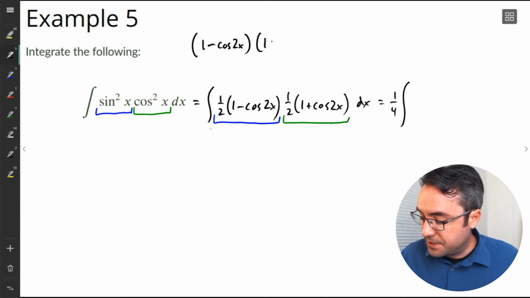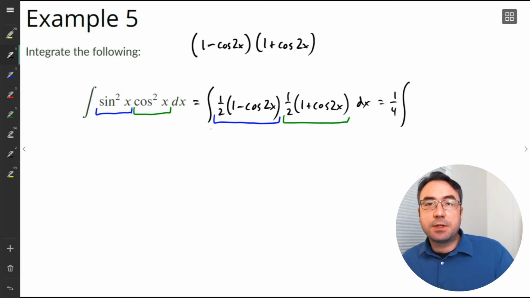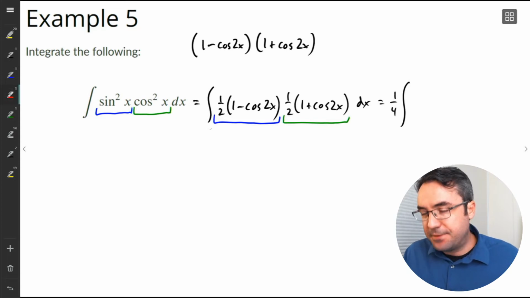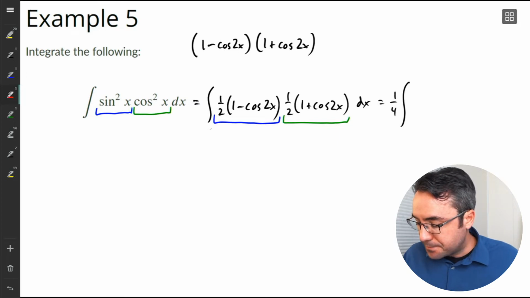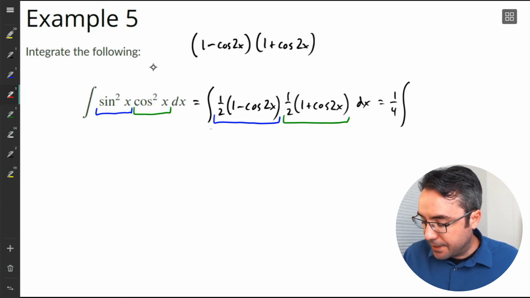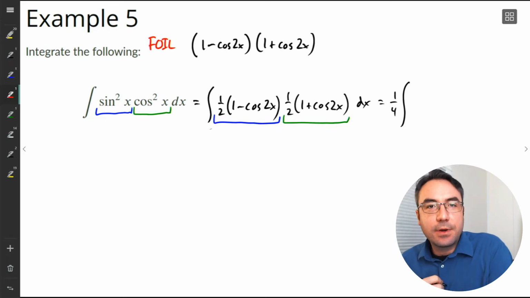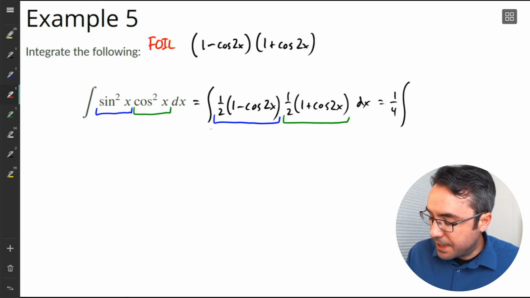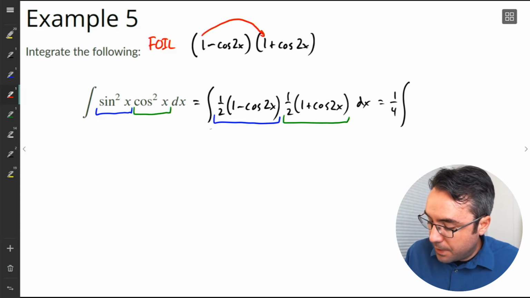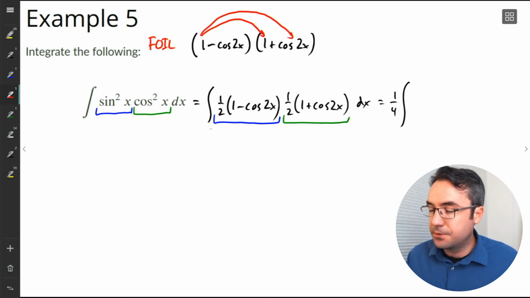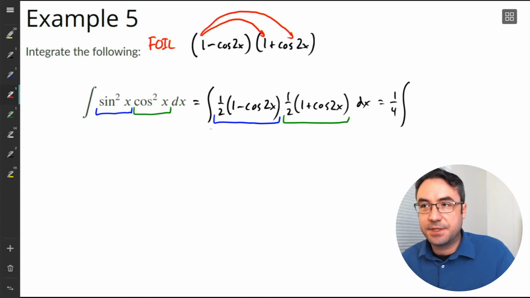We'll just do this off to the side here. And when you do this multiplication, there's different ways to remember how to multiply things out. You might remember it as a FOIL type acronym, but however you do it is fine. So let's just go through. We start with the first term here, and we're going to distribute that to the 1 in the second term, and then to that cosine 2x, also in the second term.